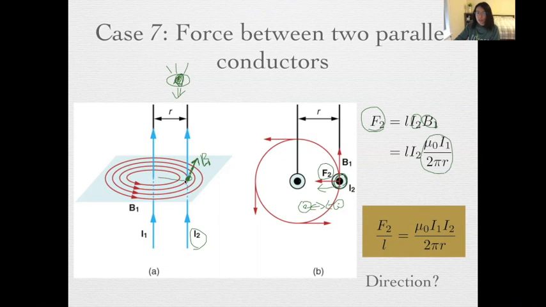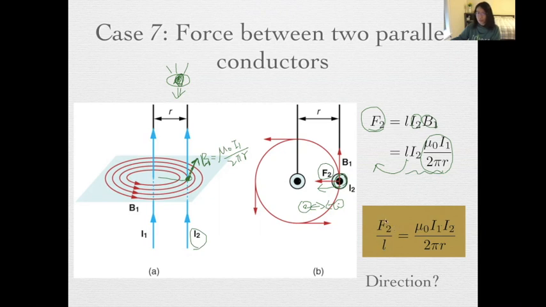The magnetic field at this point created by a wire is nothing but mu naught I1 over 2 pi r. If we put them all together and reorganize, let's move this L to the left. On the right, we will have mu naught I1 I2 over 2 pi r. On the left-hand side, you will have F2 over L.